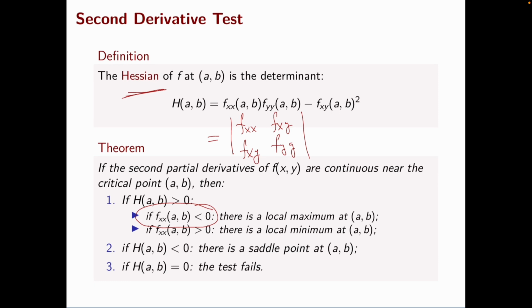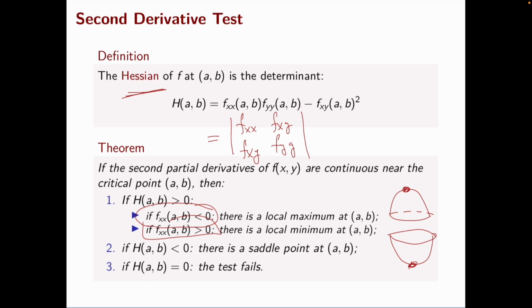If this derivative is negative, I mean, if it's negative down, we're going to get a local maximum, something that looks like that. And if this second derivative is positive, like this, then we are going to have a minimum.